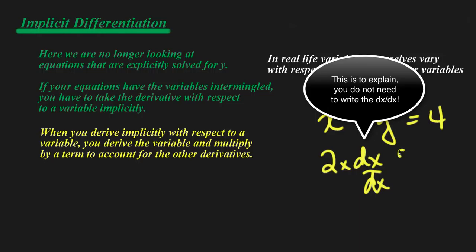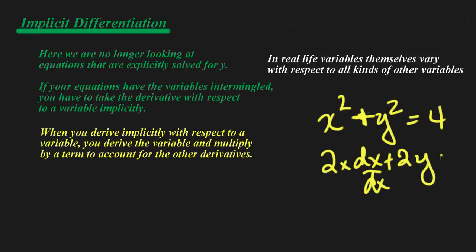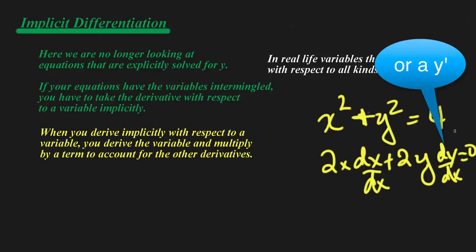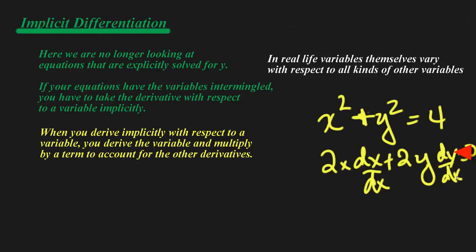However, this one, because it's a y variable, don't forget the plus sign, you would multiply by dy dx. And that's because it's the derivative of the y variable with respect to the x.